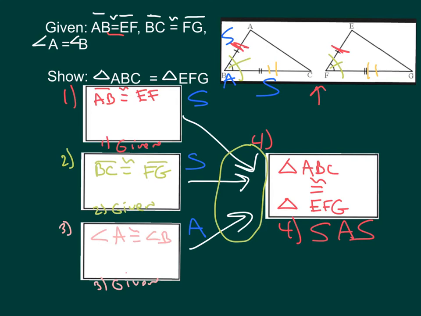If you notice, all of our shortcuts are 3 letters: ASA, SAS, SSS. In this case, it looks like they're out of order here, but it's actually SAS. The 3 arrows will tell us that we are going to be proving the congruent triangles in the next step. Also, as we mentioned in the beginning of this proof, what we wanted to show should end up in this box right here, and it did. Let's try another one.